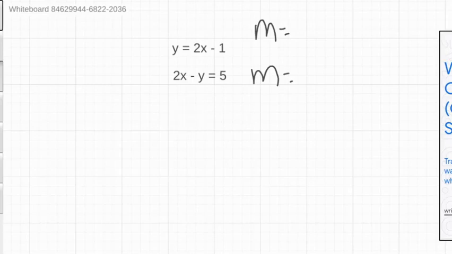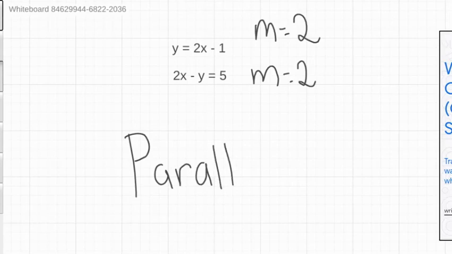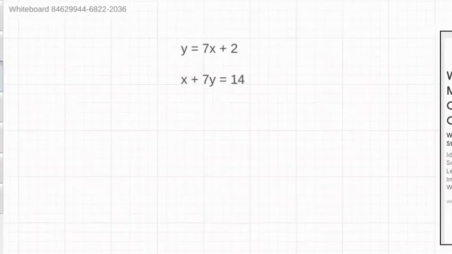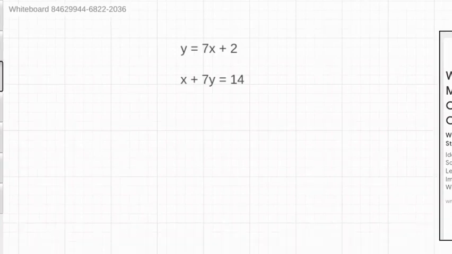So whatever's in front of x is our m. So over here and over here, what's in front of x is 2, and 2 is in front of x here as well. So m for the first one would be 2, as well as for the second one. Our slopes are the same, so they are parallel.